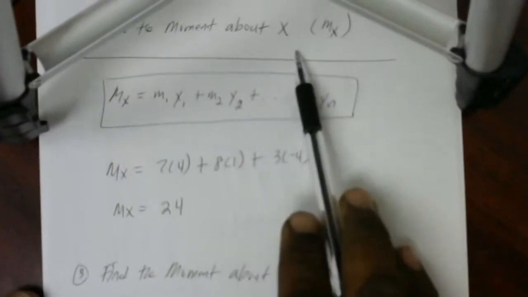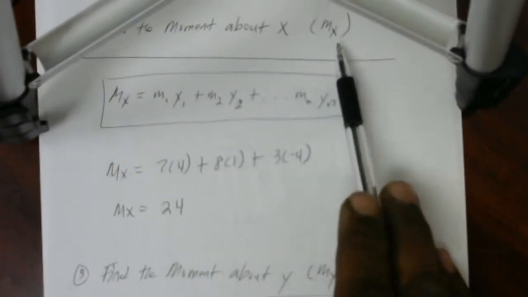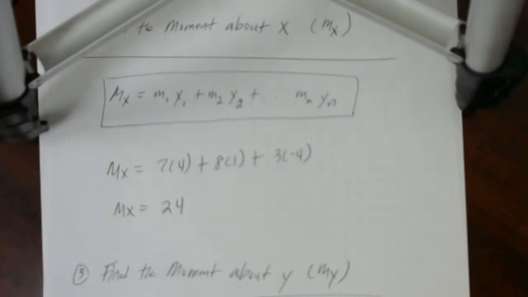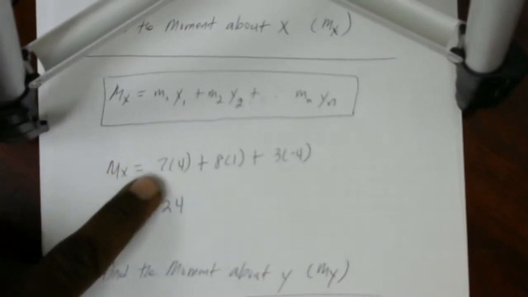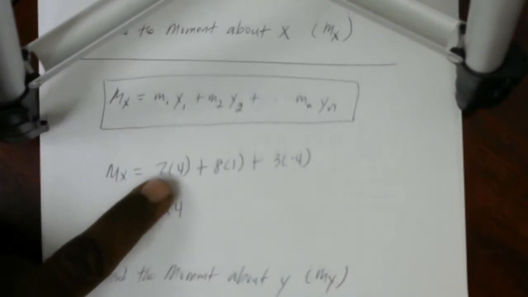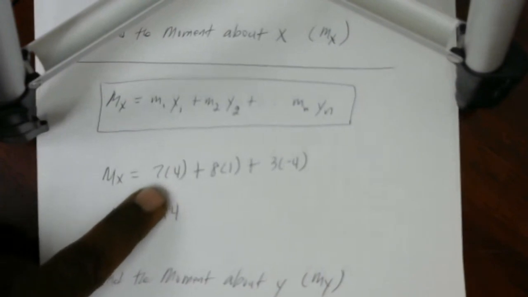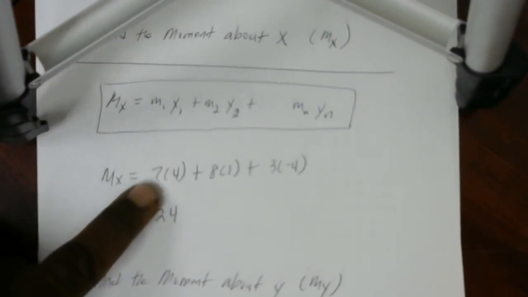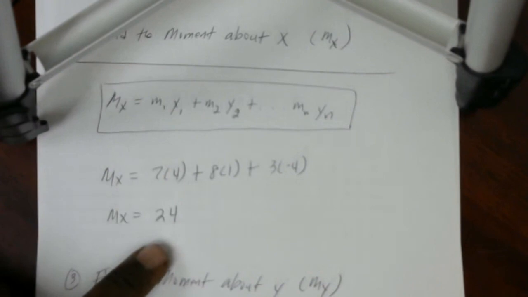Next, we found the moment about X, right? So be careful when you find this moment about X. It requires you to multiply the mass of your object times the Y coordinate, right? So we multiply each mass times its Y coordinate.